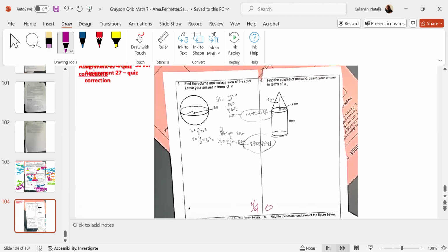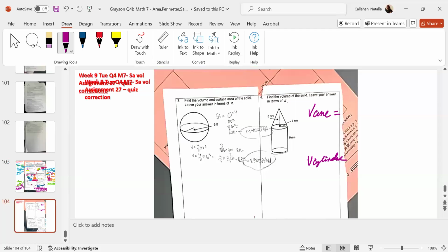Number 4, find the volume of the solid. Okay, what shape do we have here? What are the two shapes? Cone. Part of this is that you need to go ahead and manage your time wisely. So 1/3 area of the base times height, correct?